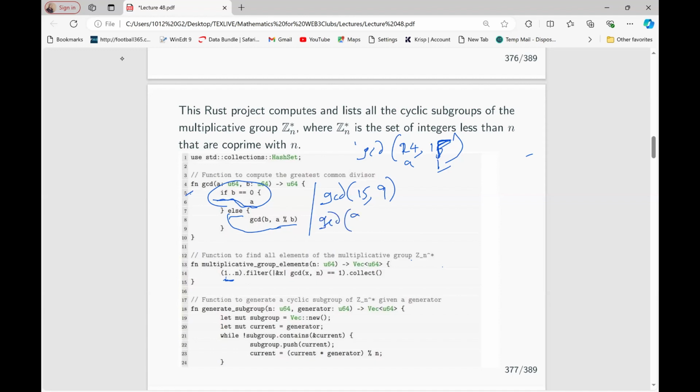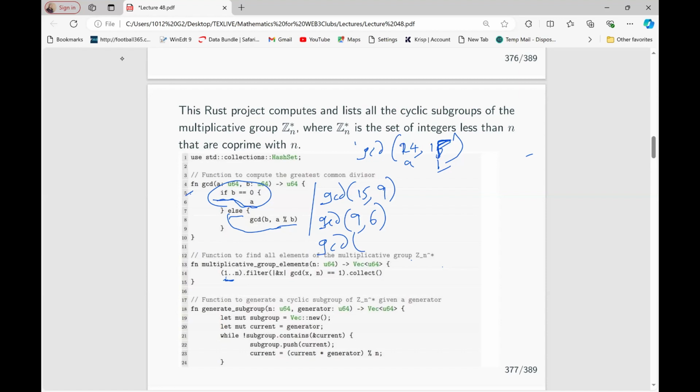B is now 9, and A is now 15. 15 divided by 9, the remainder is 6. We do this until we have the remainder of 0. Make another call because none of the elements is 0.